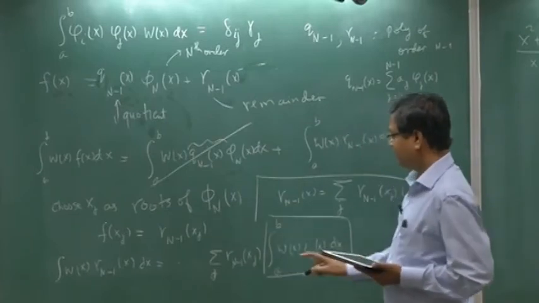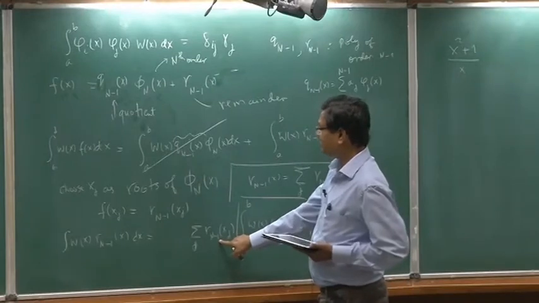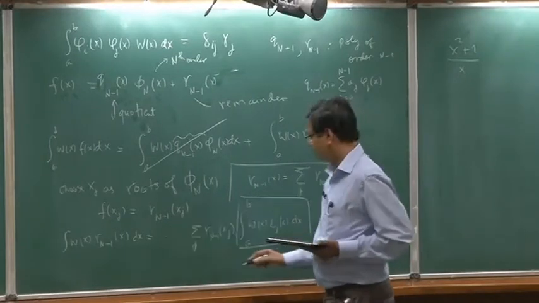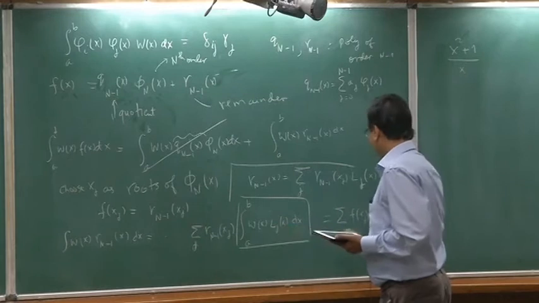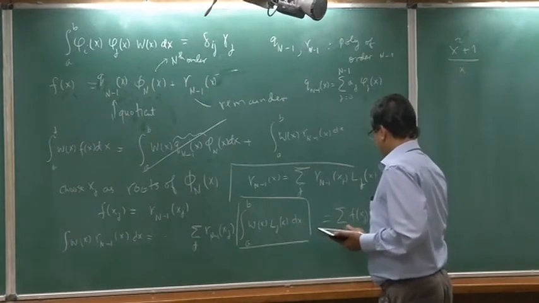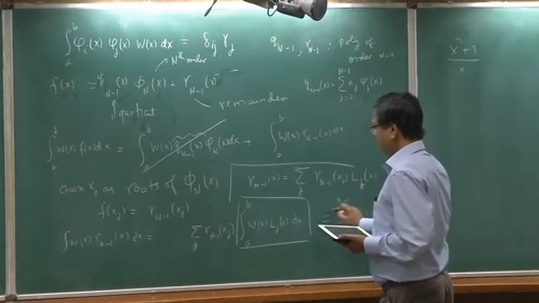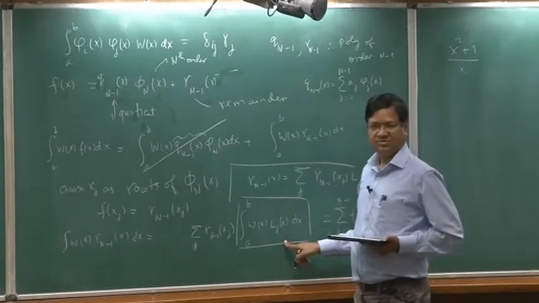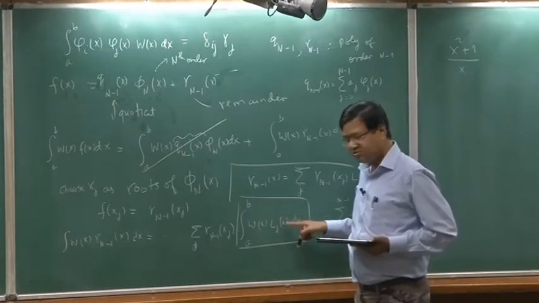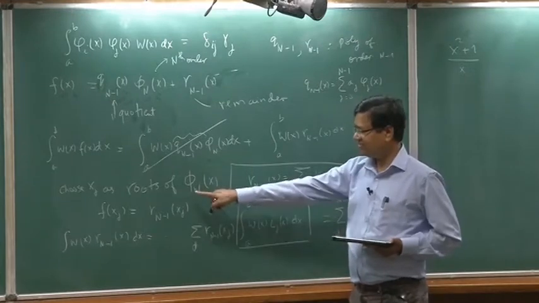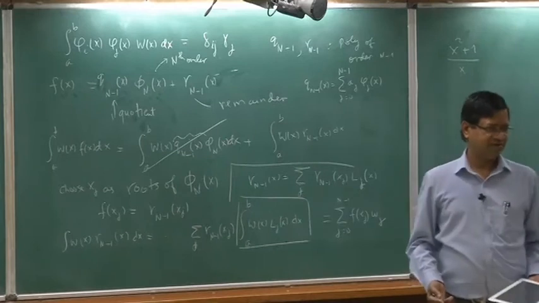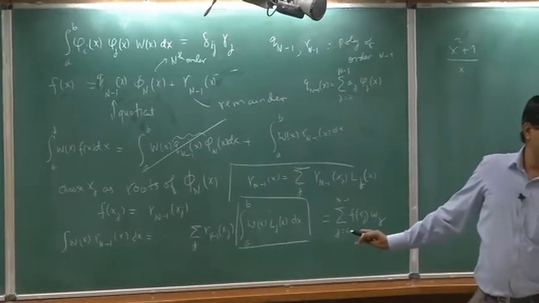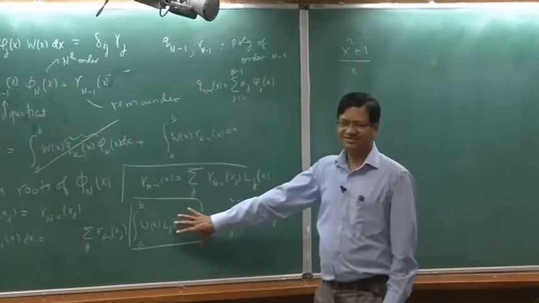In fact, look, R_{n-1}(x_j) is the same as f(x_j), so I can write this as f(x_j), and this is w_j. If you can compute this, which involves roots of phi_n, so they involve x_j's, I am done. In fact, the only objective now is to compute this.